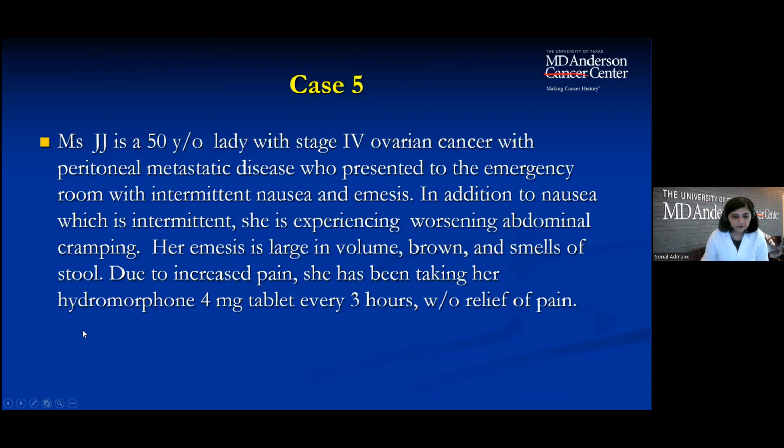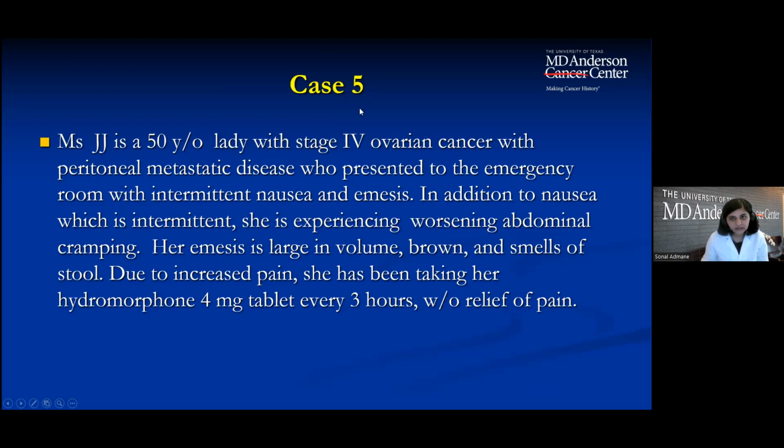So moving on to case number 5, we have a 50-year-old lady who has stage 4 ovarian cancer. She has peritoneal metastatic disease, and she comes to the emergency room with nausea and emesis. And additionally, she's having abdominal pain. She's having large volume emesis every time, which is brown in color. It smells of stool.